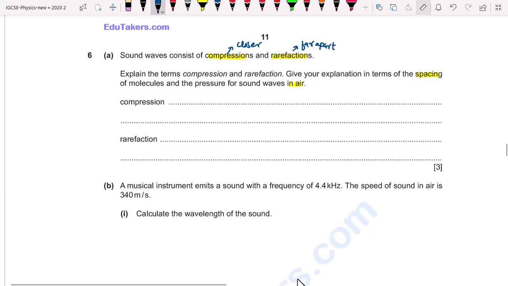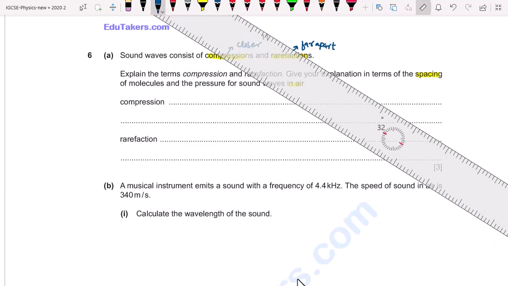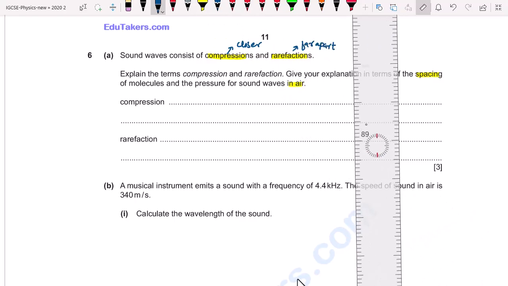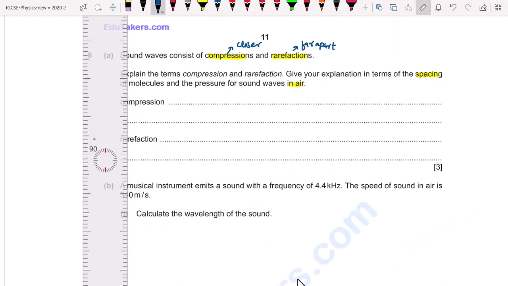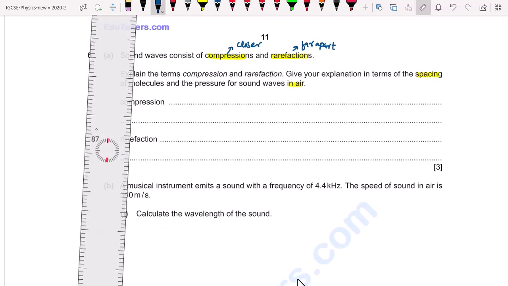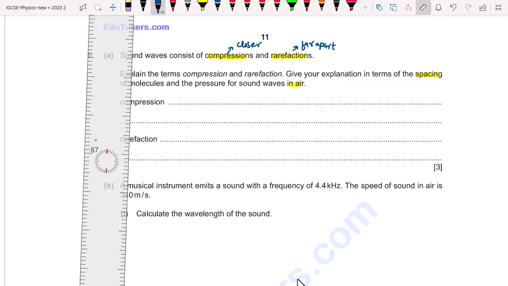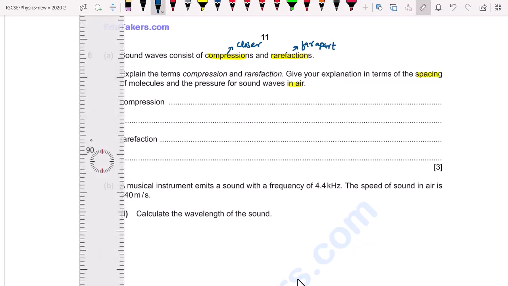So when I draw the sound wave, it consists of compressions and rarefactions. It will be just like this.